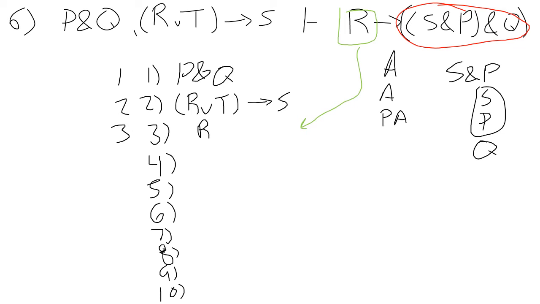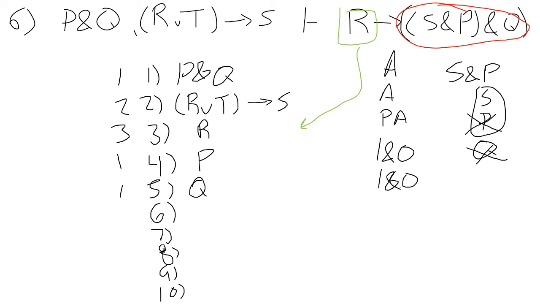So what we're going to do is start off looking at our assumptions. Well, in line 1, I could separate my P and Q using 1 ampersand out for both instances. Both of them will cite line 1, and look, I've got P, I've got Q. So now I just need to get S by itself.